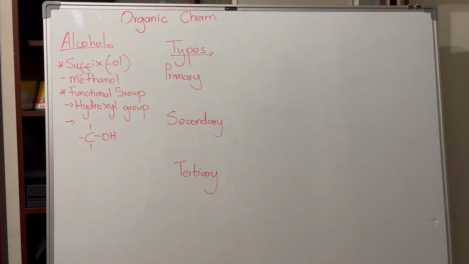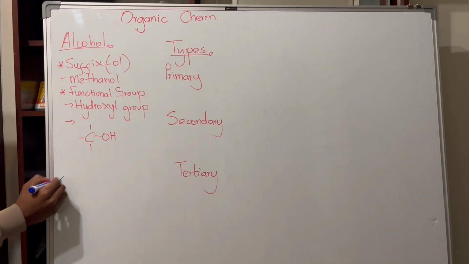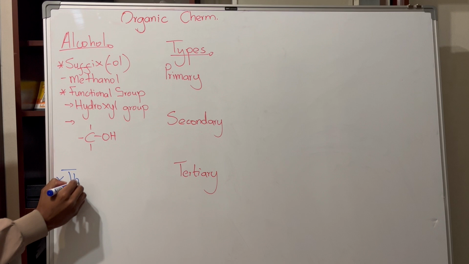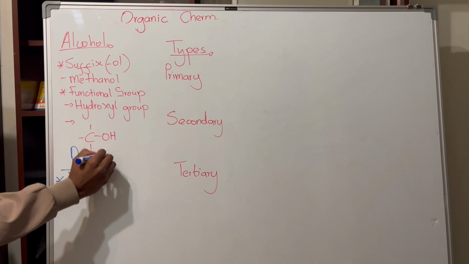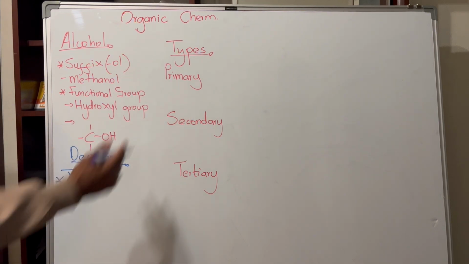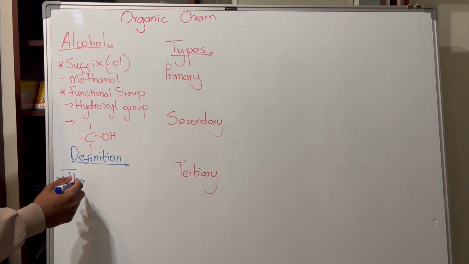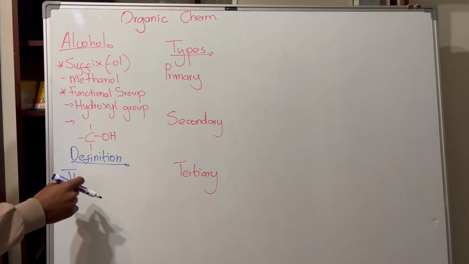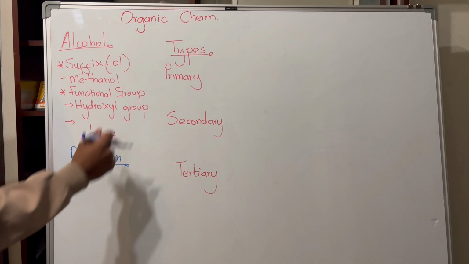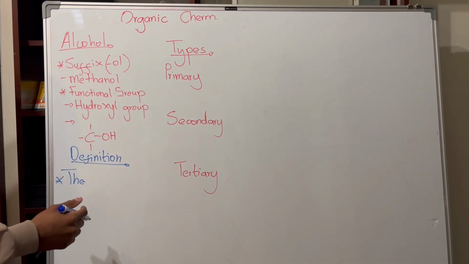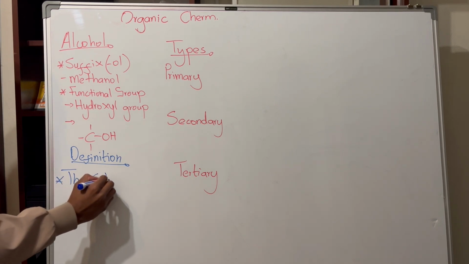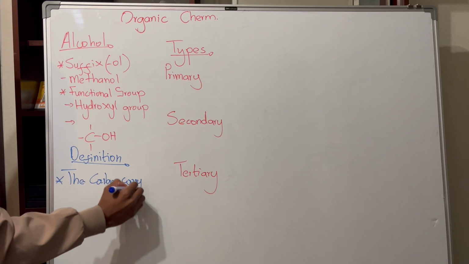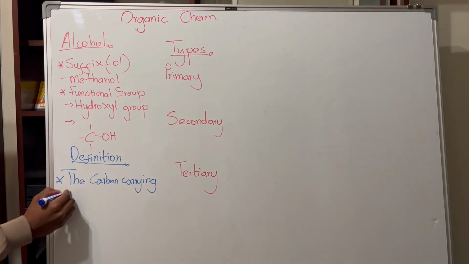So what is the difference between those 3? So the difference is in the fact that this is basically the definition of these different types of alcohols. So we say here that the carbon attached to the hydroxyl group is the carbon carrying OH group.